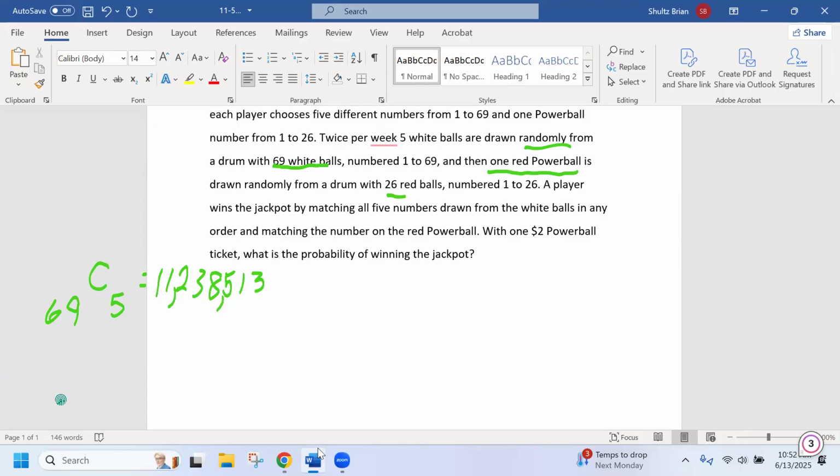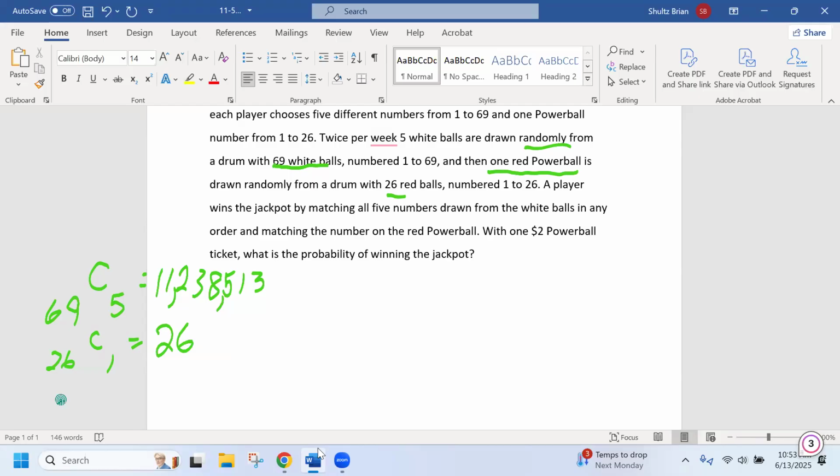Now, we don't really have to use our counting principle with this one, because the number of ways to draw one ball out of 26 is 26. We can take it like this: 26 choose 1, and put it into our calculator. But we end up with only 26 ways to choose those numbers.